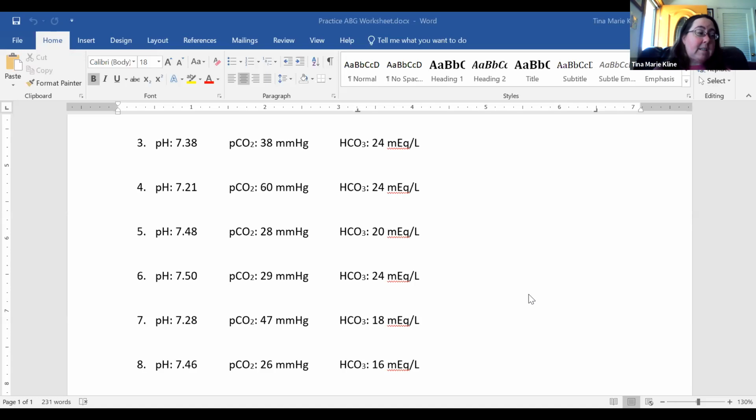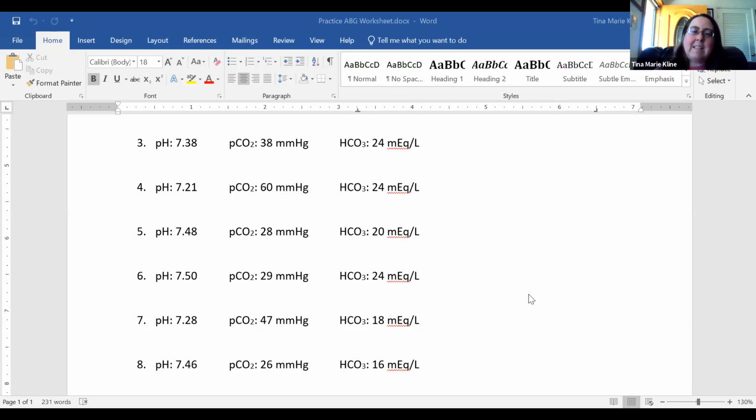So they're all going in the same direction. This is one of those really odd cases. You can tell this is a metabolic problem, mainly because the bicarb is so out of whack and going in the same direction. So this truly is a metabolic acidosis and it has no compensation.